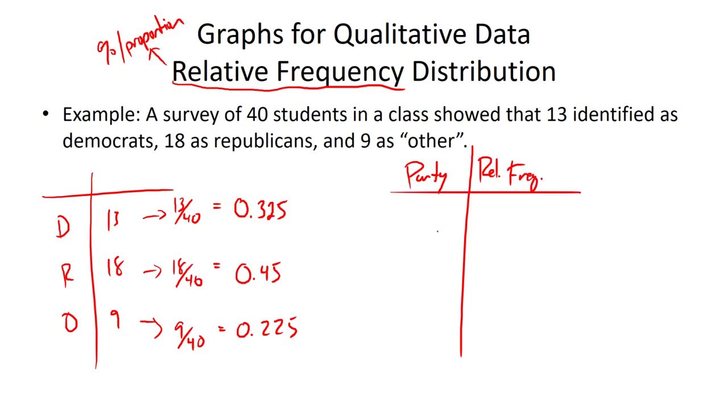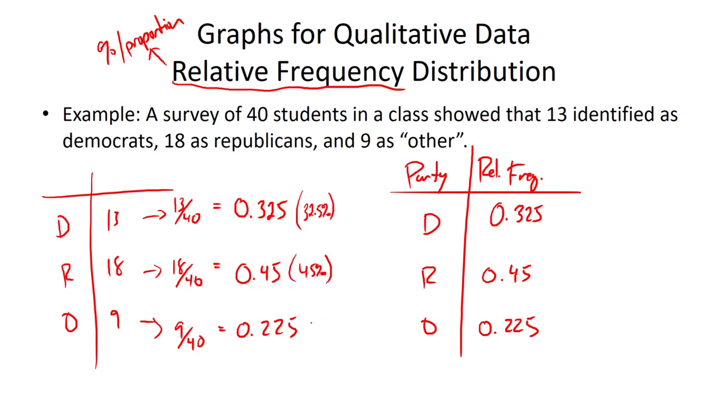So then the relative frequency distribution looks exactly like the frequency distribution, but rather than recording the frequency, we would just record the proportion. You could convert these into percentages if you wanted to, right? Because 0.325 is 32.5%. This is 45%. This is 22.5%.